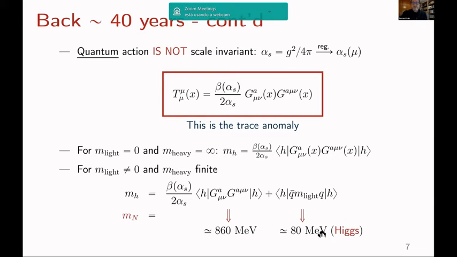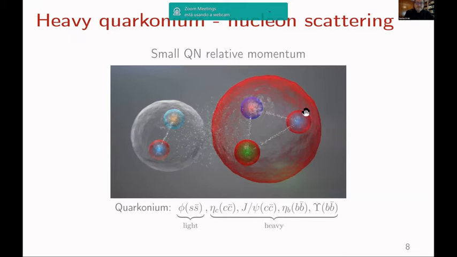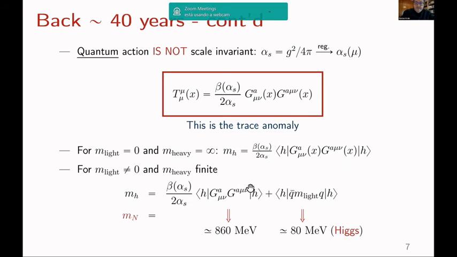Okay, so you still have a substantial contribution from this operator. So then we like to say that the hadron masses come essentially from gluons, meaning that it comes from this operator. Okay. So how can we access this matrix element?